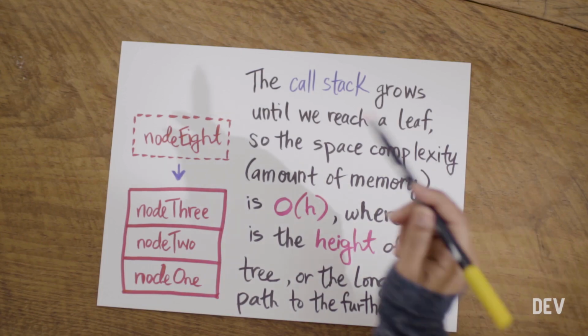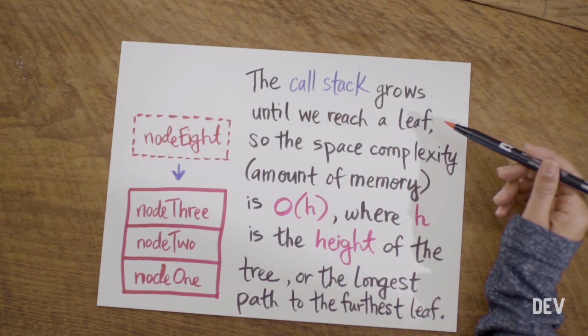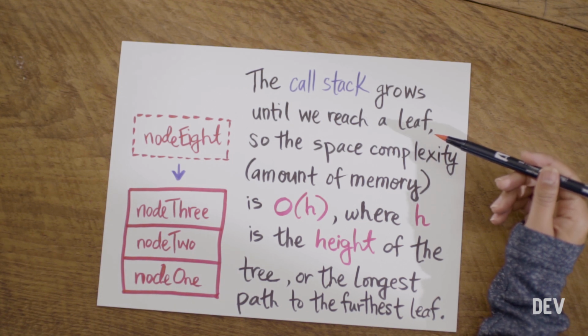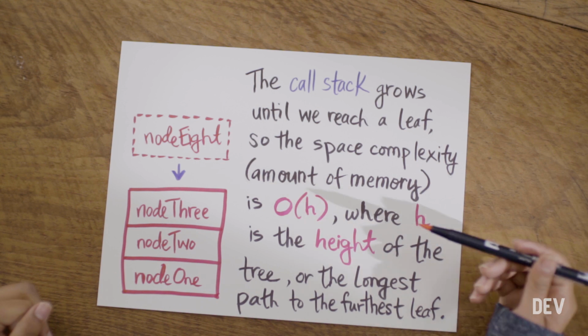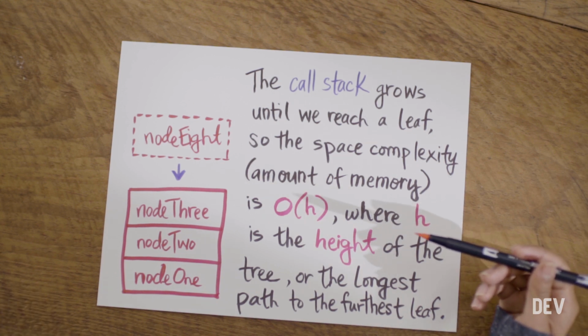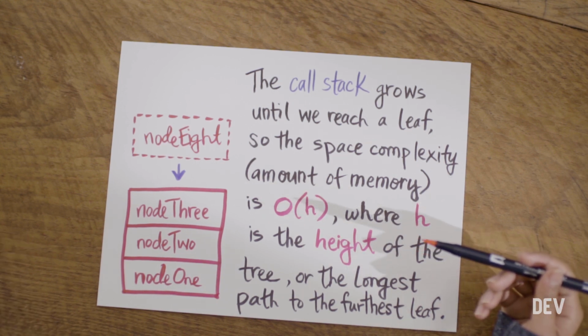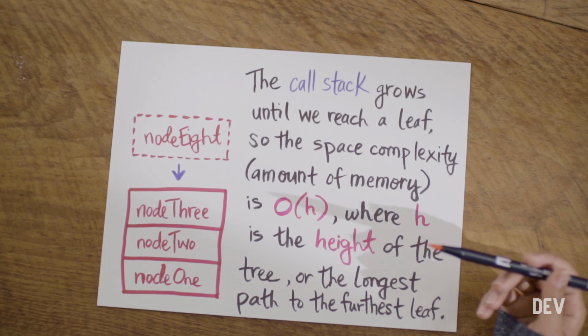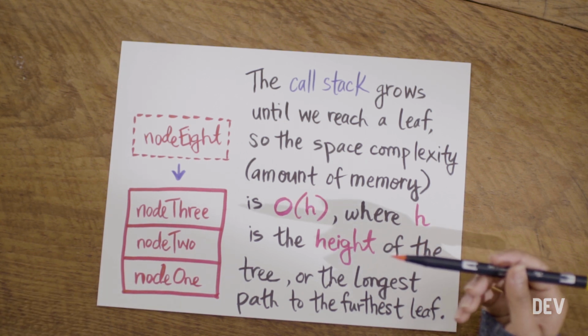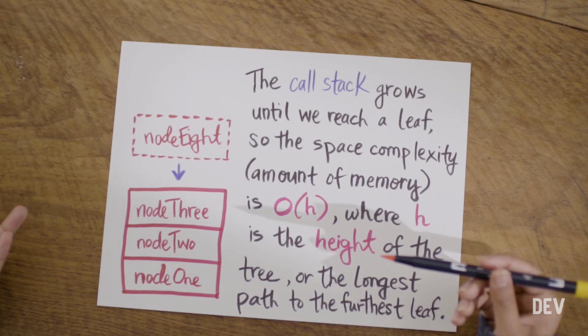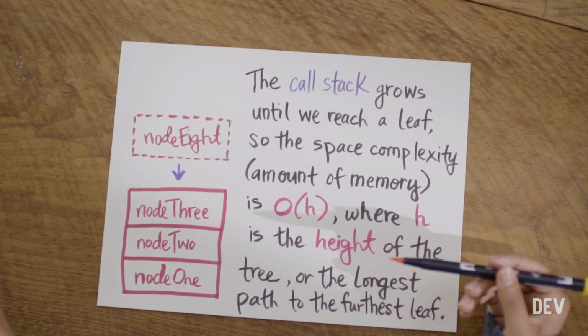Well, the call stack is going to grow in height until we hit a leaf node. That means that the amount of memory, the amount of space that the call stack needs has to do with how many function calls we make. And that has to do with how long our path is until we hit the leaf node.